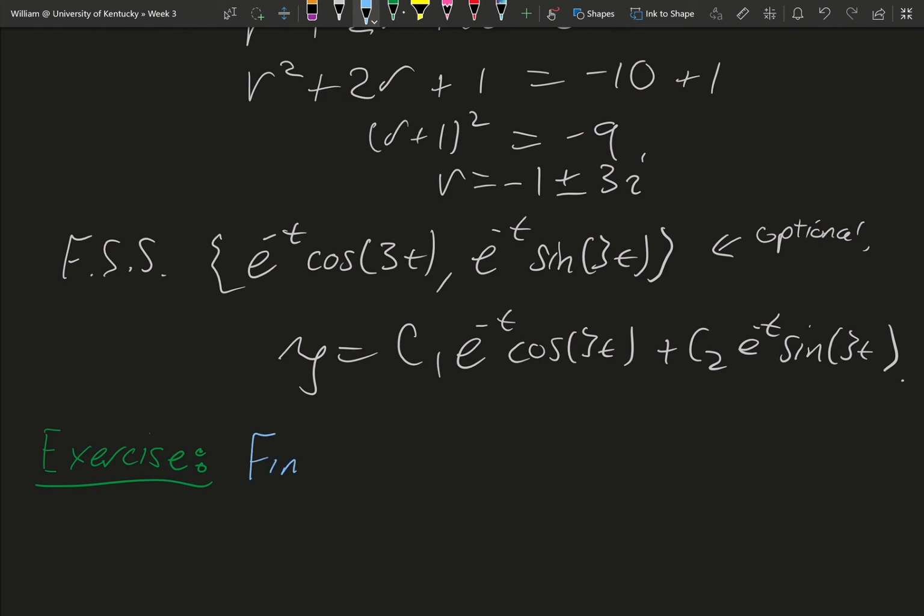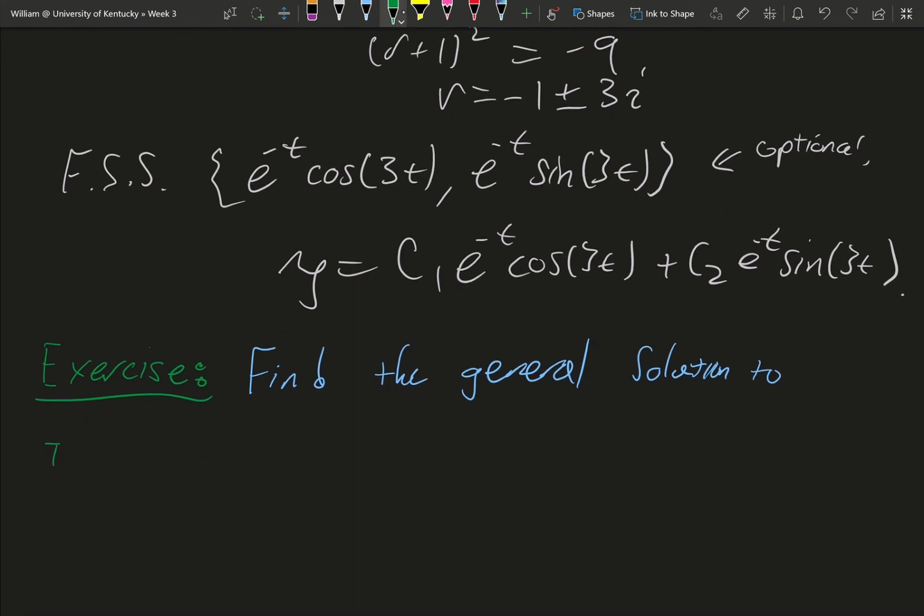All right, so let's end it on just 3 exercises. So find the general solution to the following 3 problems. So for the first one, let's do y double prime minus 12y prime plus 36y equals 0.